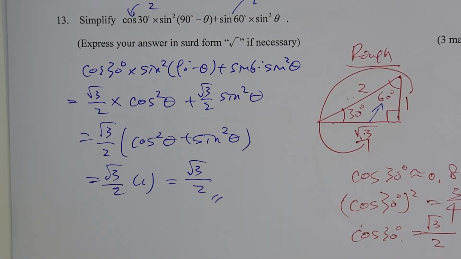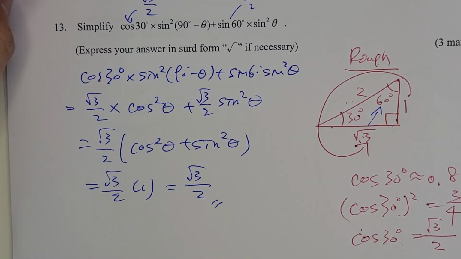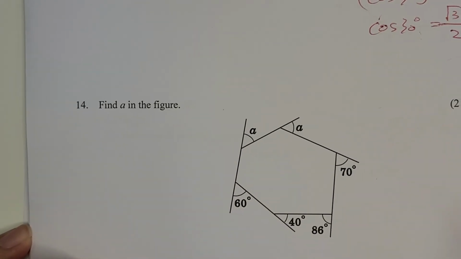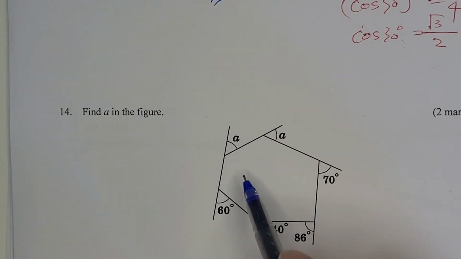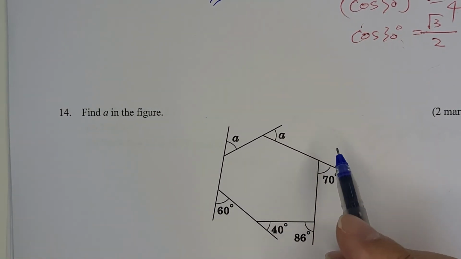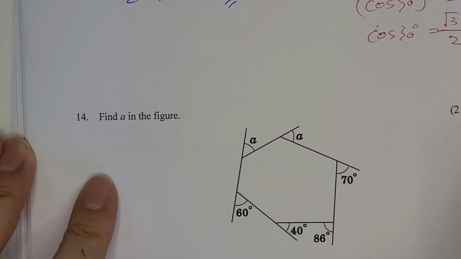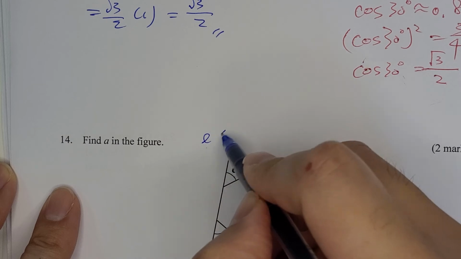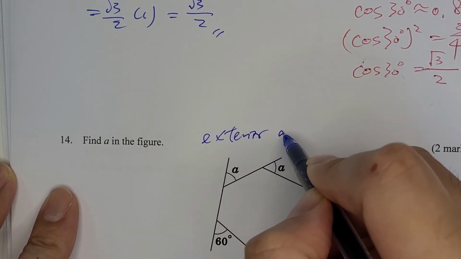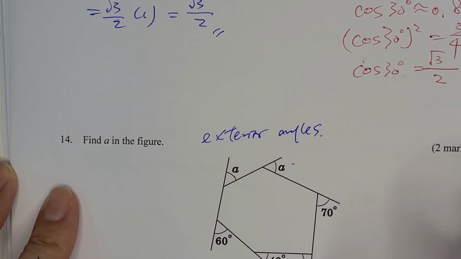Okay? And for question number 14, find A in this figure. You will see that there are so many angles outside the figure. So let me tell you what this is. We call all this an exterior angle. How to define it?